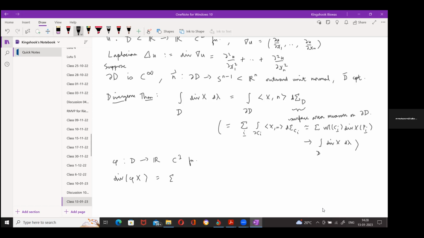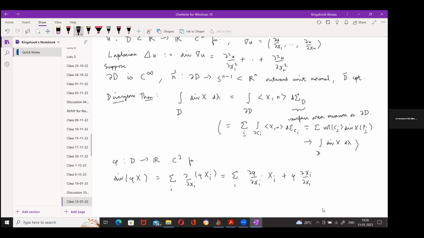This is going to be the sum over i of del by del xi of the ith component of phi X, that is just phi times capital Xi. So by the Leibniz rule, it will be del phi del xi into capital Xi plus phi del Xi del xi.